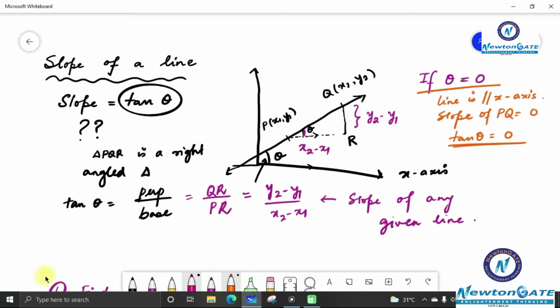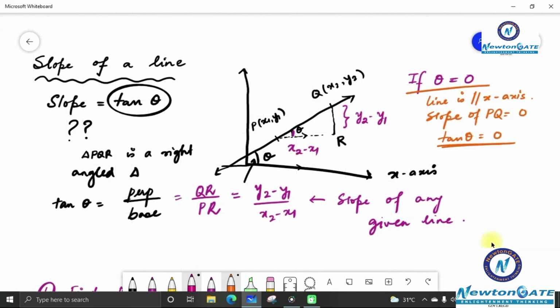Now what if the angle is 90 degrees, that is, theta over here is 90 degrees. If theta is equal to 90 degrees, the line becomes parallel to the y-axis and the slope of line PQ is then undefined. But why is it undefined?